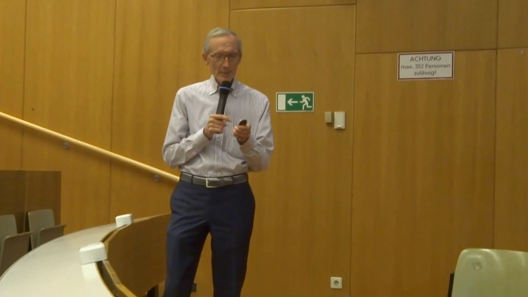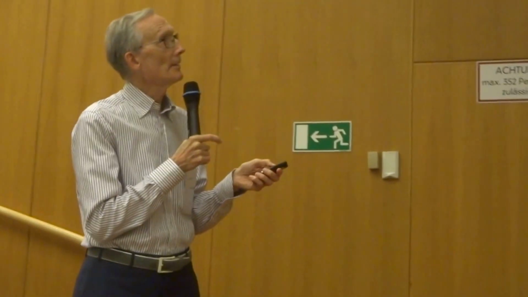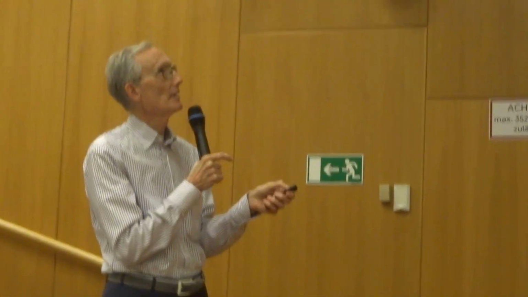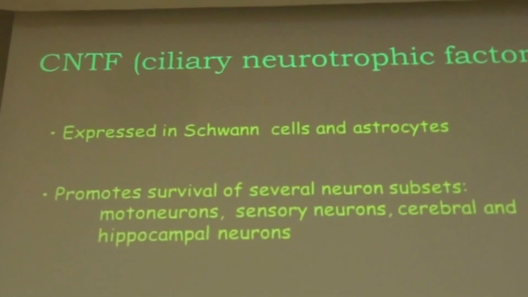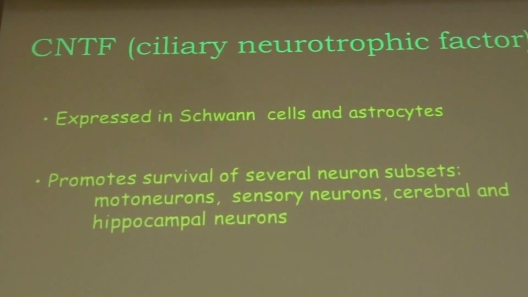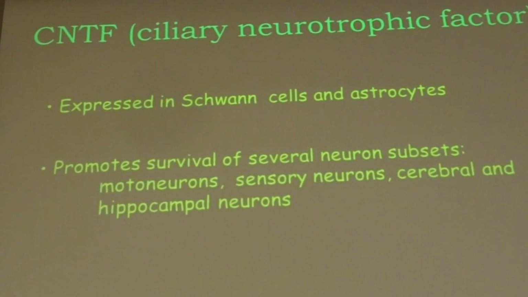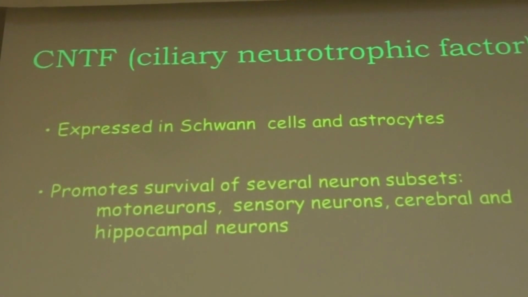Now, ironically, given that CNTF is active on motor neurons, it is effective in animal models of motor neuron disease, ALS, multiple sclerosis. Clinical studies were undertaken in patients with ALS to see if it would be effective as a therapeutic. Now, one might predict, knowing how it signals and its potential for being inflammatory, that you might promote an adverse reaction in man.